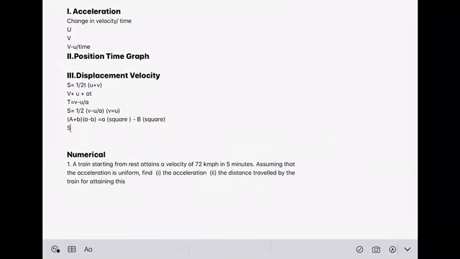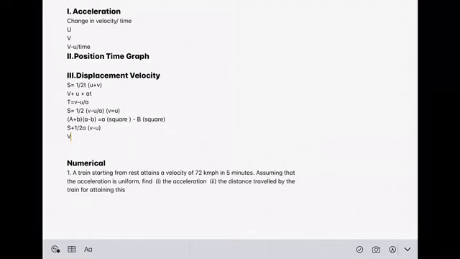So we will get S equals to half into 1 upon 2a into v square minus u square.